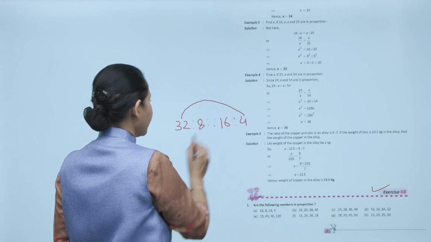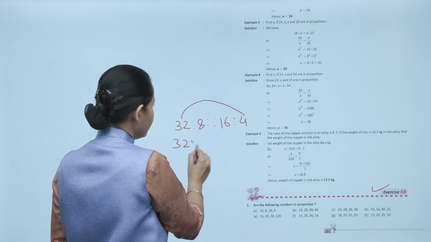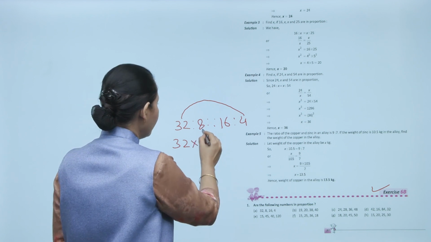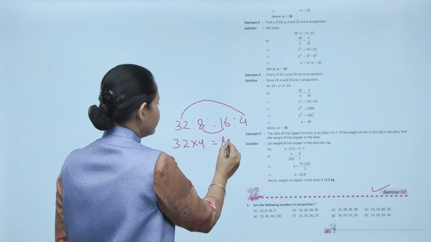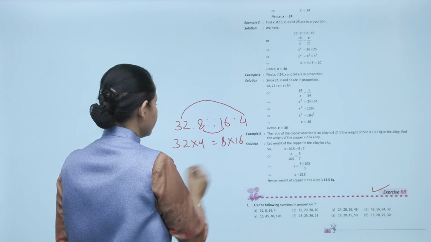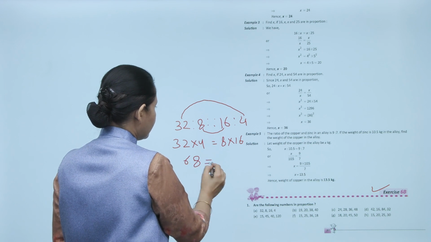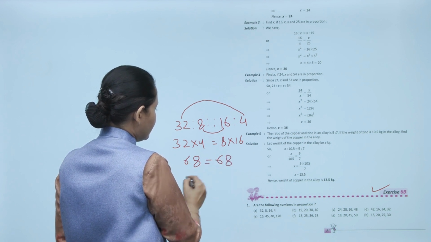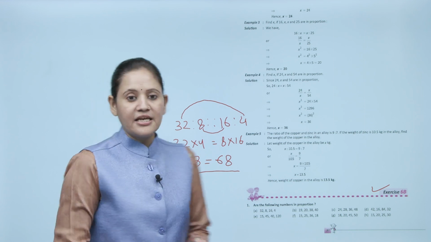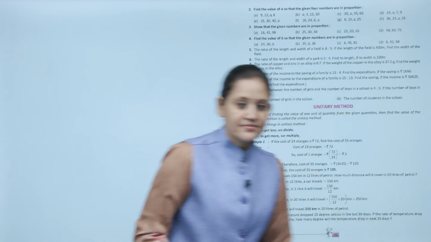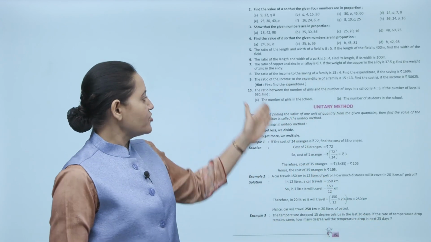So the product of extreme terms should be equal to the product of middle terms. They are equal. That means we can say the numbers are in proportion. You have to practice all the questions.